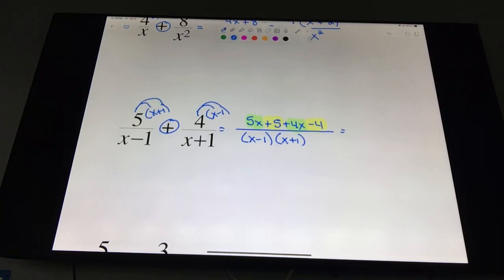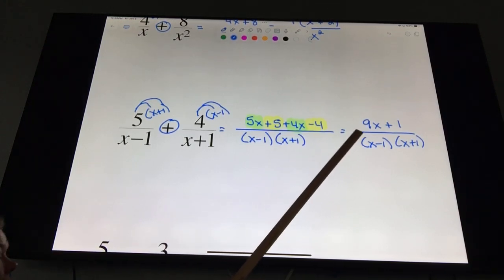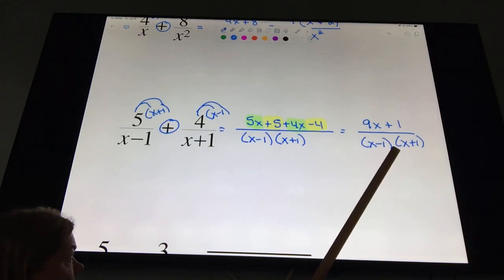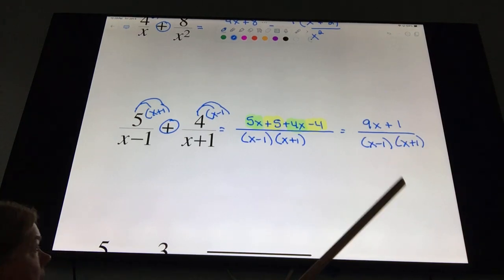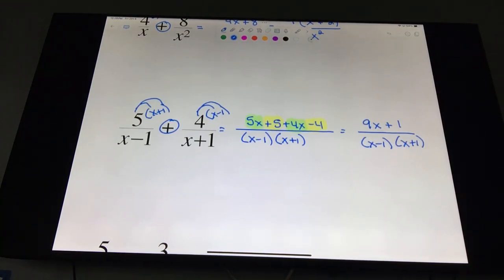So I'm going to add 5x and 4x is 9x. Positive 5 minus 4 is positive 1. And I factor, which I cannot do, and I reduce, which I cannot do. So this 9x plus 1 is different than x plus 1, so I can't cancel those.